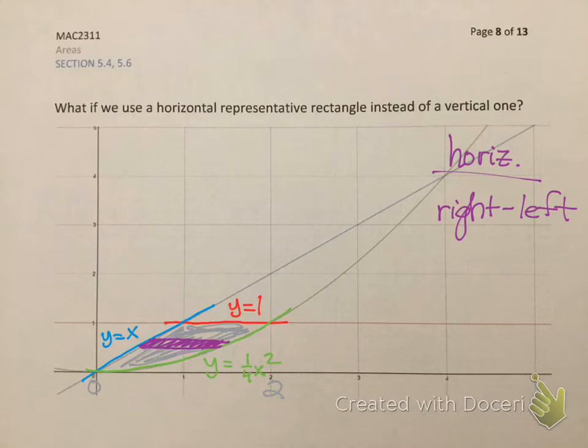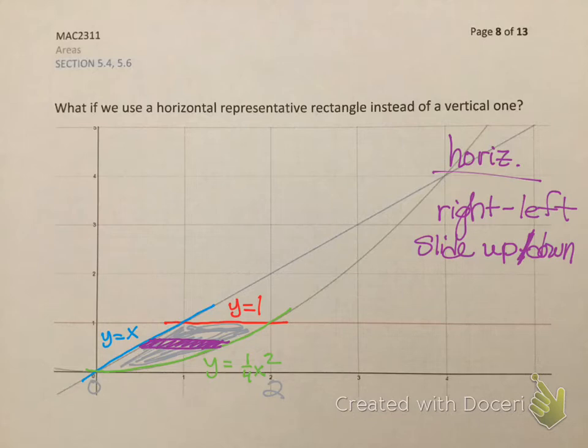I want you to slide this representative rectangle up and down. That's how I want you to slide, up and down in your head. And I want you to focus again on the right and the left ends of this representative rectangle.